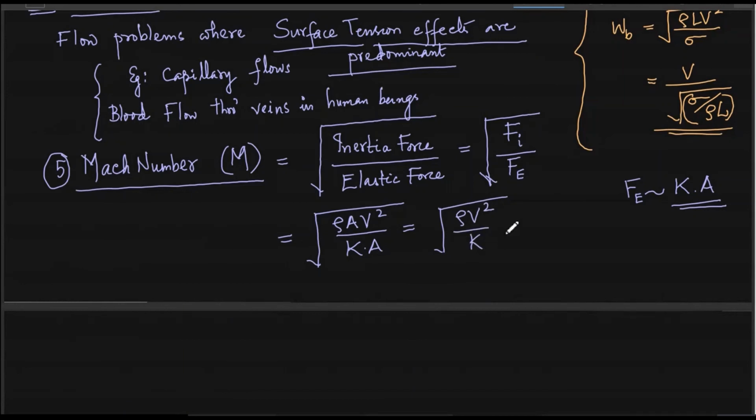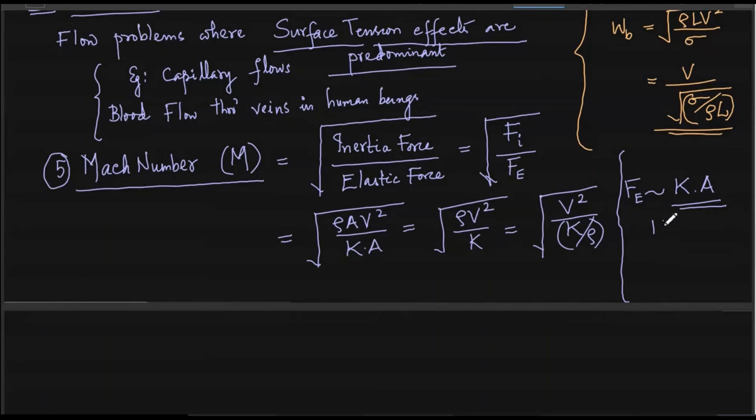But it is available in a very prominent form like this. We make an alteration. We divide both numerator and denominator by the letter rho. So what do you get? Square root of V square divided by K by rho, taking rho to the denominator. So it will become K by rho. This ratio K by rho is a very special number.